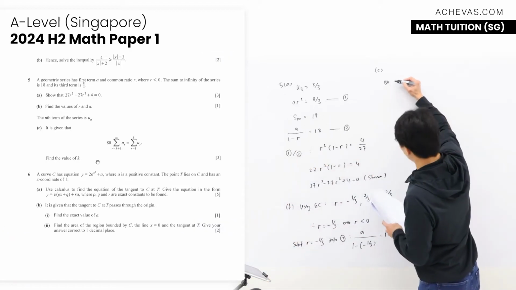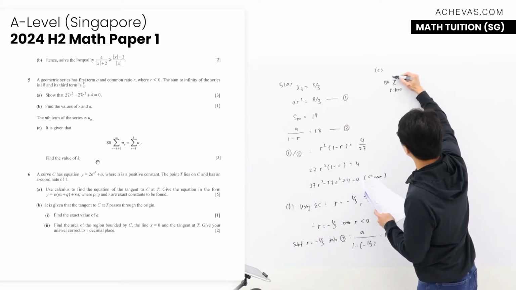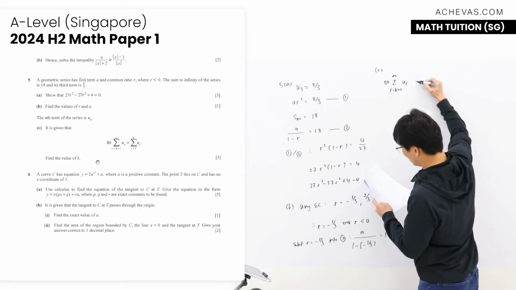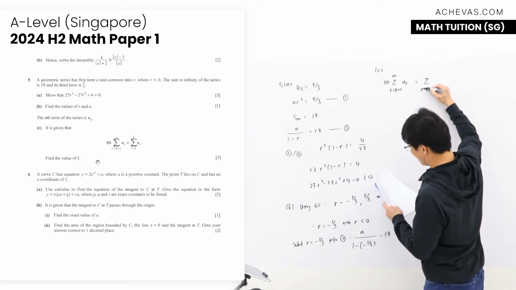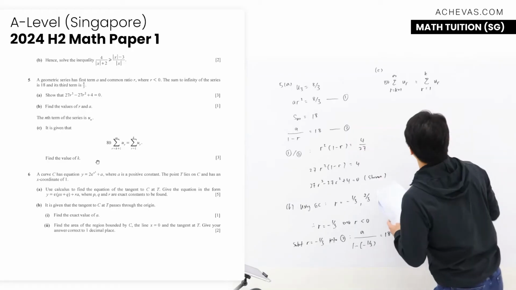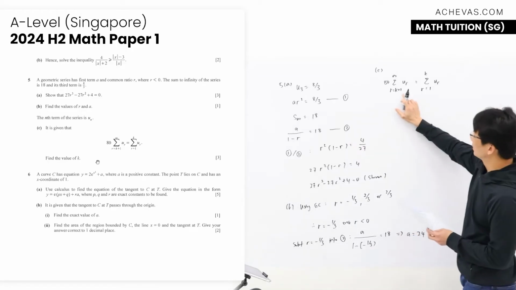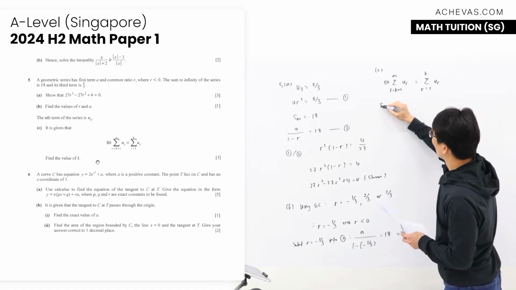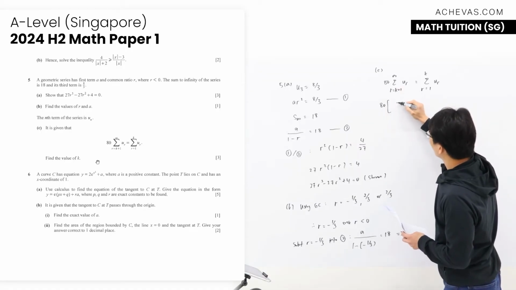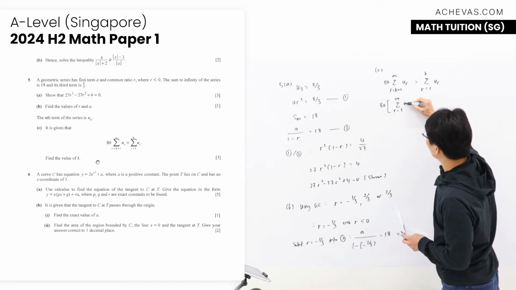We have 80 summation r equal to k plus 1 to infinity of ur equal to summation r equal to 1 to k of ur. Okay, I think the first thing I'm going to do is to break this expression up. I will have 80. I will change this to become 1 to infinity.